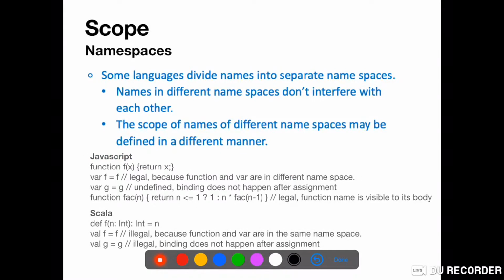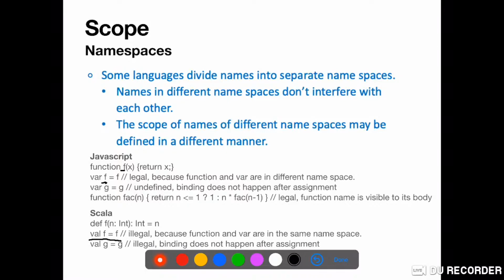Like here, in JavaScript, function name and variable name are in different scopes. So you can write a function f of x that just returns x, and then you have a variable f equals f. This is legal because they live in different scopes, but in Scala it's illegal.